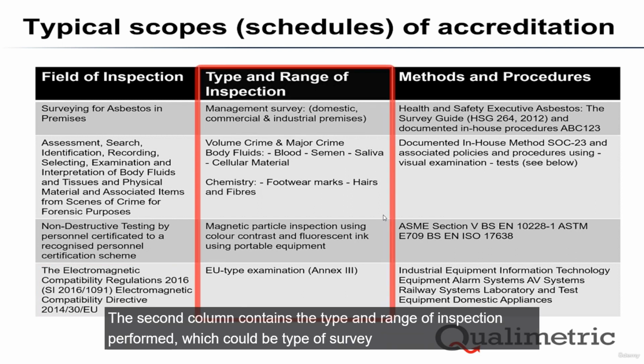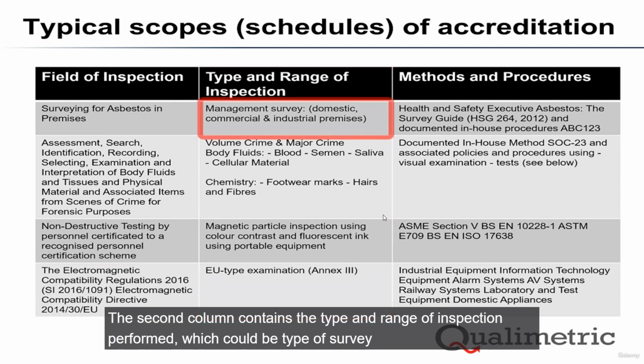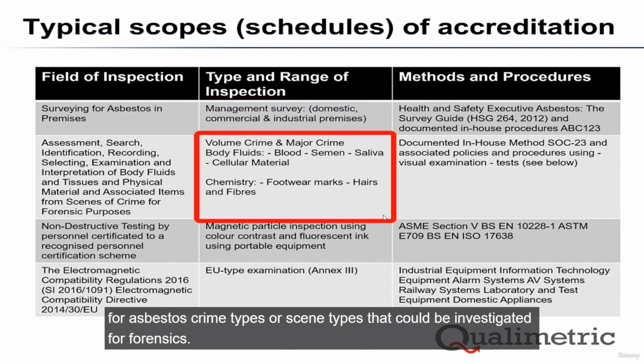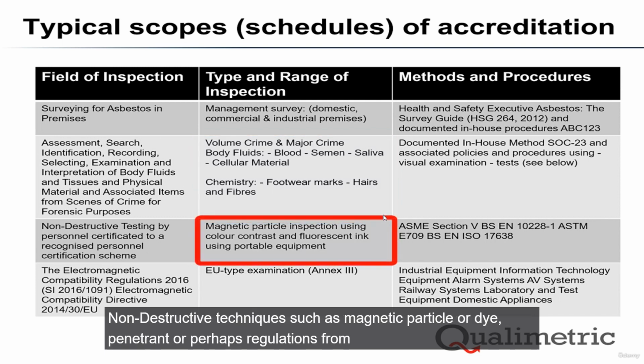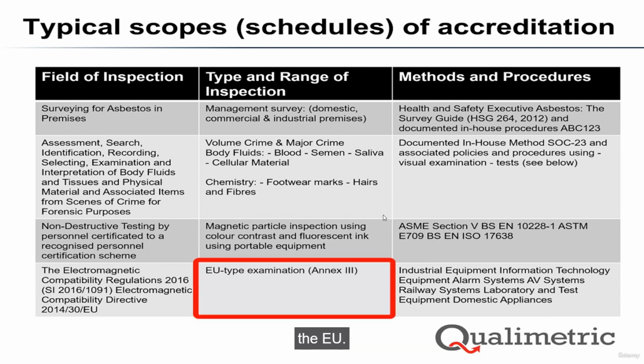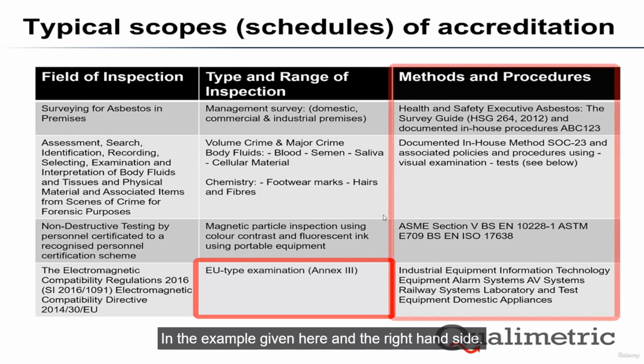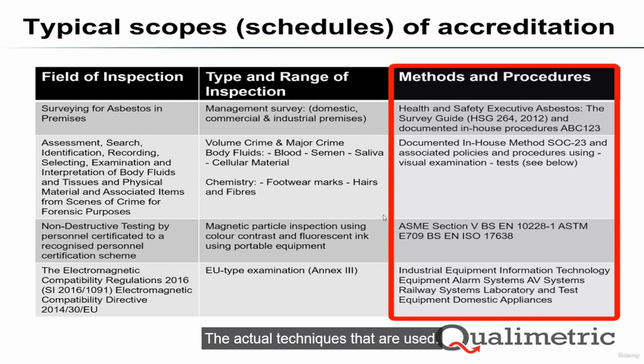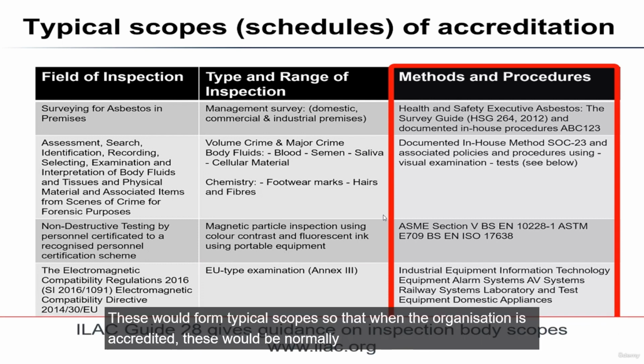The second column contains the type and range of inspection performed, which could be type of survey for asbestos, crime types or scene types that could be investigated for forensics, non-destructive techniques such as magnetic particle or dye penetrant, or perhaps regulations from the EU in the example given here. And on the right hand side, the actual techniques that are used, standards and specifications. These would form typical scopes so that when the organisation is accredited, these would normally be published.